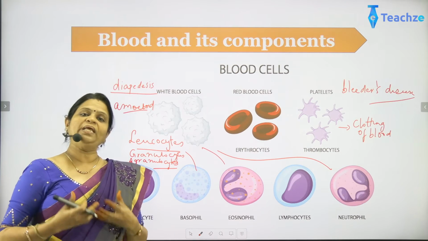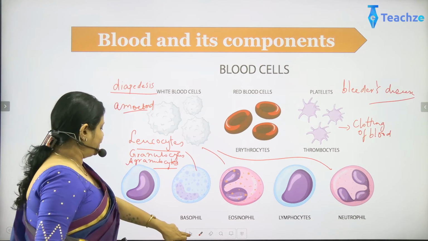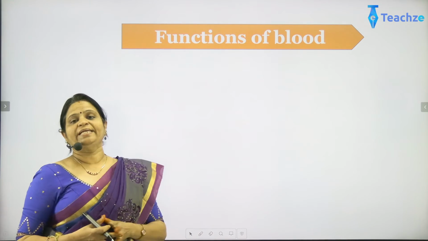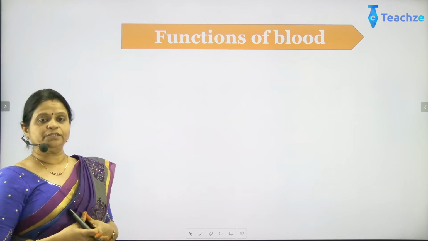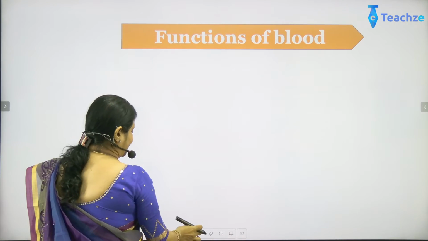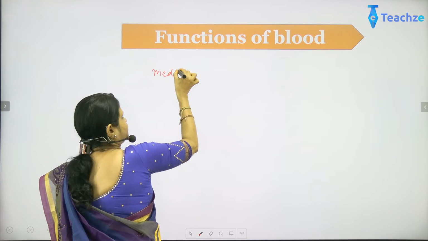Blood has so many other functions which we can think of. Now coming to the other functions of the blood, let's try to analyze the different functions of blood that we have covered till now. So we said blood is necessary because it is a medium for transportation.